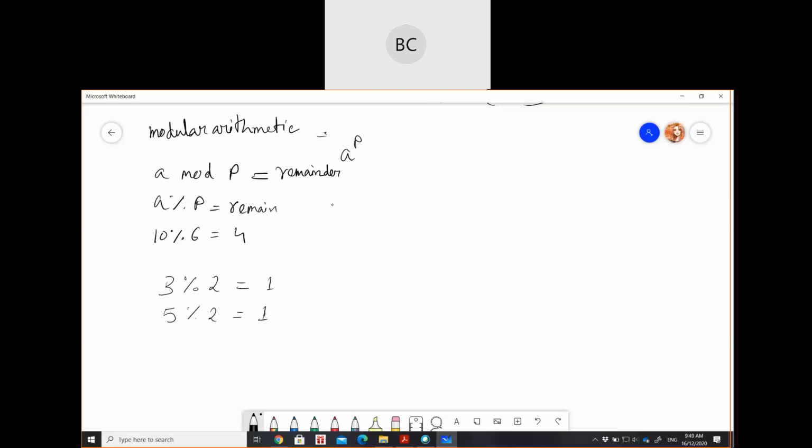Correct? So now you can see that for both cases, 3 mod 2 is equal to 1 and 5 mod 2 is also equal to 1. Here again I can say the divisor is 2. So sometimes we can say that 3 is congruent to 5 mod 2. For both cases, we get the same value. This is the congruent function.